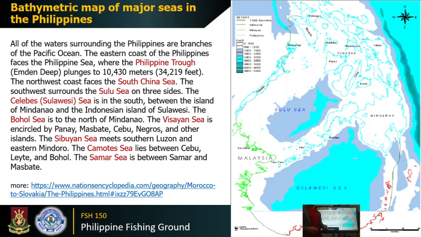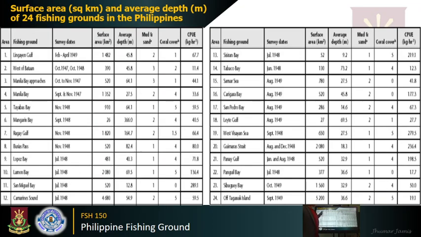In the handouts that I have posted in the Google class. And here are also the surface area according to square kilometer and average depth in meter of the 24 fishing grounds of the Philippines. Again, you could have a closer picture of this one in the handout that I have posted in our Google Classroom.